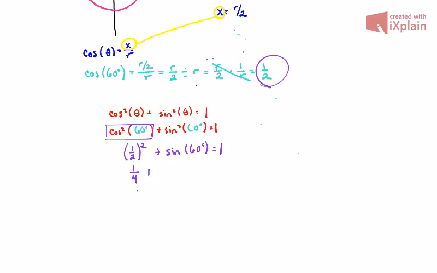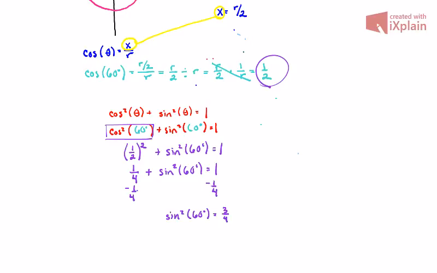Squaring this, we get a value of 1/4. Subtract 1/4 from both sides. Oops, I'm missing my squares there. Hopefully you caught that. Taking care of the subtraction, I get the sine squared of 60 degrees is equal to 3/4.